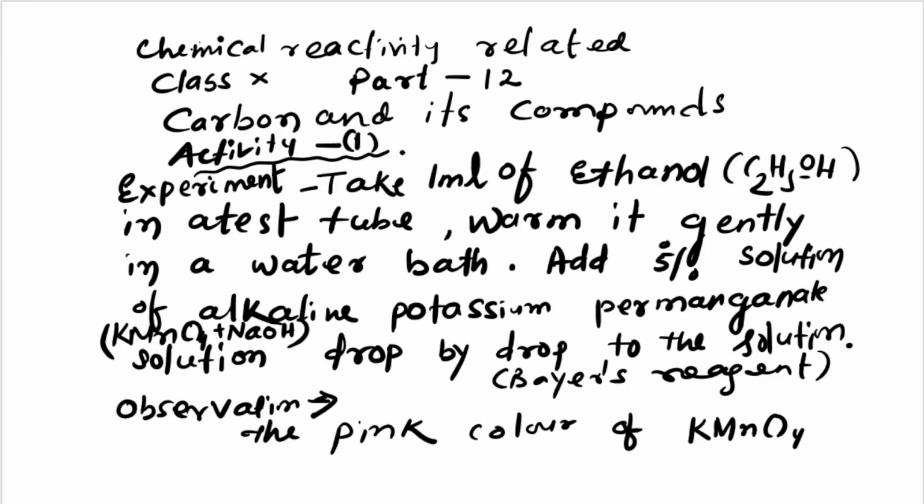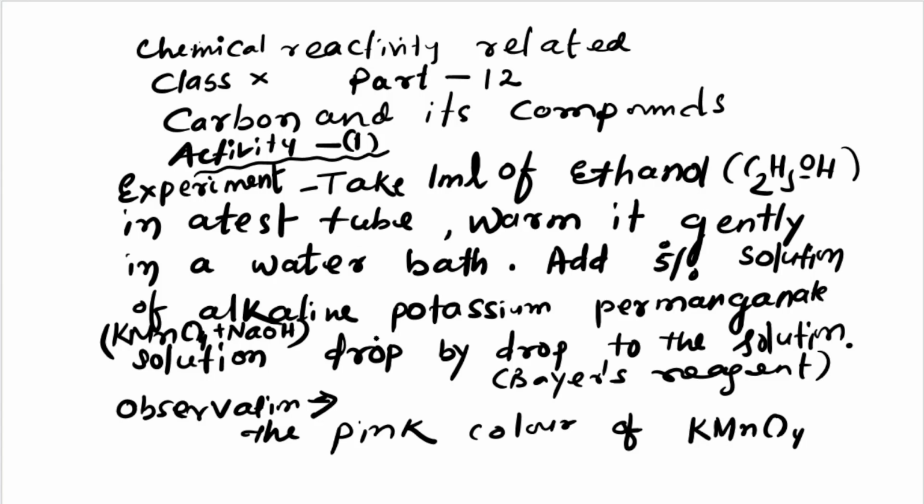What is Bayer's reagent? Alkaline potassium permanganate solution. What is the color of the alkaline potassium permanganate? Pink color. So when you add it drop by drop to the test tube which contains ethyl alcohol, that is the common name of ethanol, that is the IUPAC name, then what happened?